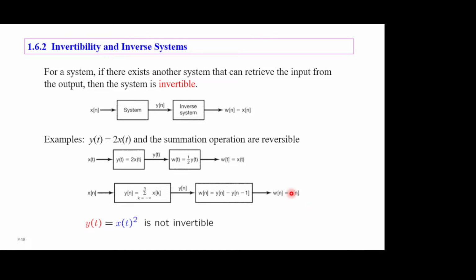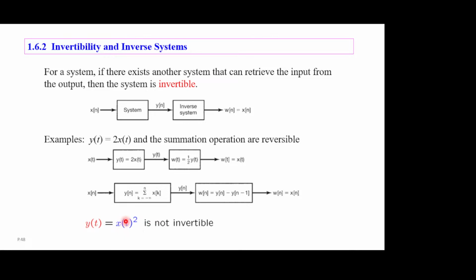For something non-invertible, for the proof you basically need to show that two different inputs give you the same output. Then that's not invertible, because for the inverse system, one input can only give you one output. Here is an example that's not invertible: y of t equal to x of t squared.